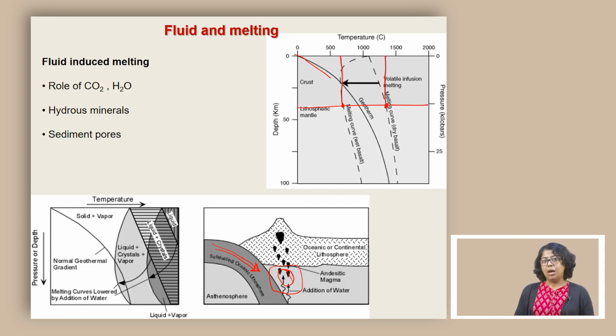We also understood the roles that temperature, pressure and fluids play in terms of melting a rock, and those help us to understand where we can expect melting of the rocks and which are the factors that are contributing to this melting.